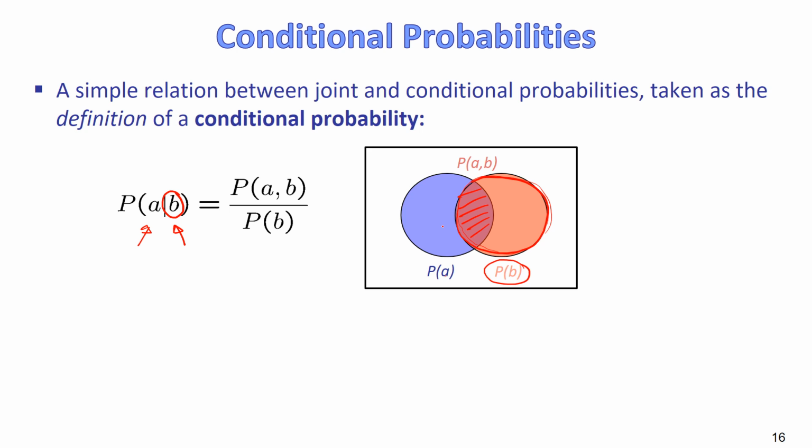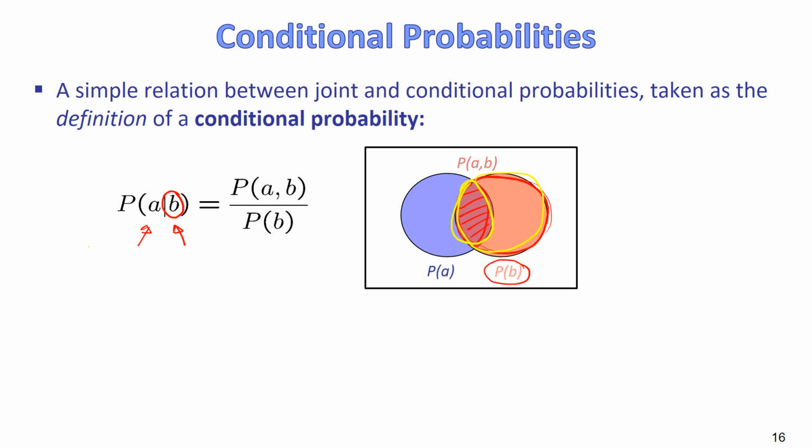The rule says that probability of A given B is equal to the joint probability of both, which is indicated by the intersection, that area. Let me change the color, so it will be that area, divided by the area of the evidence, which is the red area.